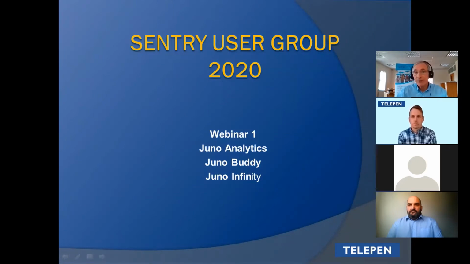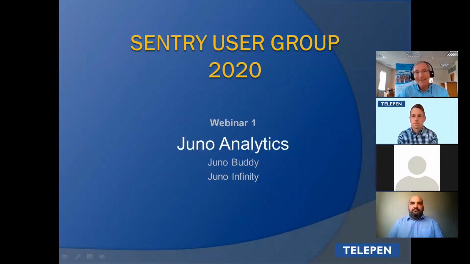For this morning, we have 3 other products in the Juno family to talk to you about, 3 recent developments. They are Juno Analytics, which is our most recent and most significant development in Century reporting, possibly ever.